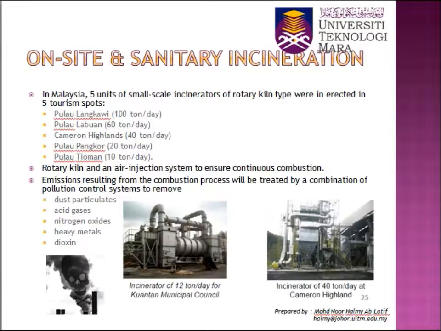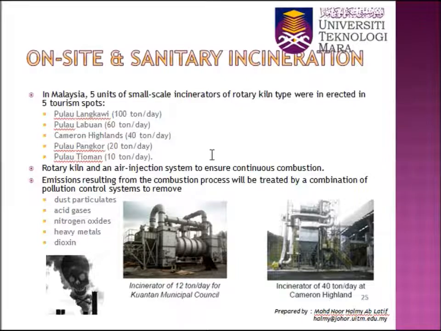Okay, so in Malaysia, 5 units of small-scale incinerator of rotary kiln type were erected in 5 tourism spots. Okay, Pulau Langkawi, Pulau Labuan, Cameron Highland, Pulau Pangkor, and Pulau Tioman. Okay, rotary kiln air injection system to ensure continuous combustion.